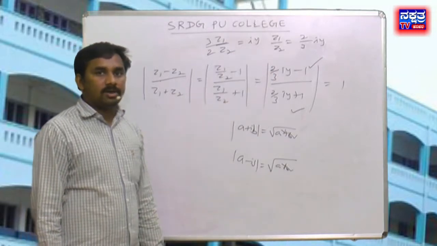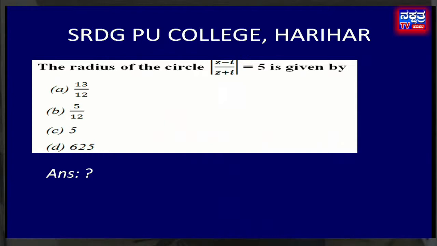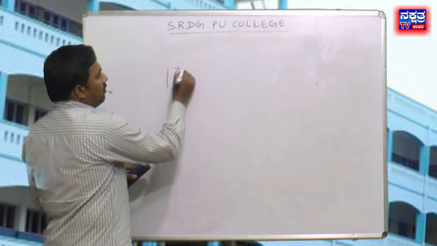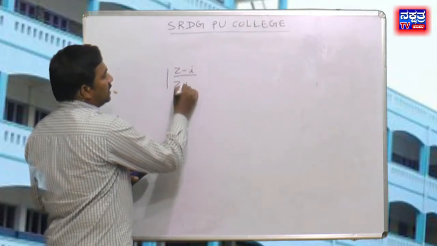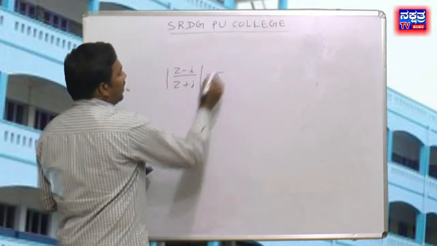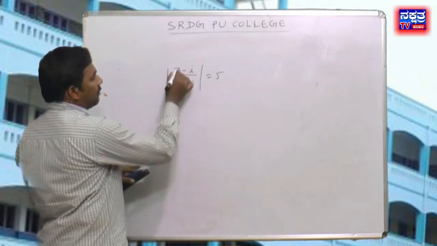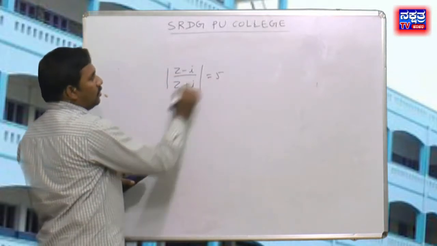Watch the monitor. The radius of the circle mod z minus i by z plus i equal to 5 is given by? Watch the board. Students, mod of z minus i by z plus i equal to 5 means it is like PA by PB equal to 5.